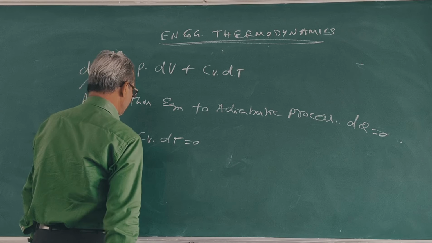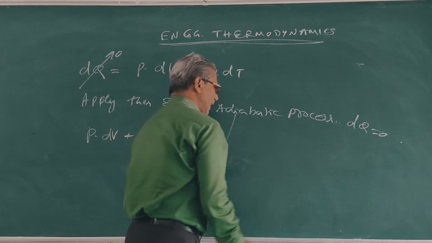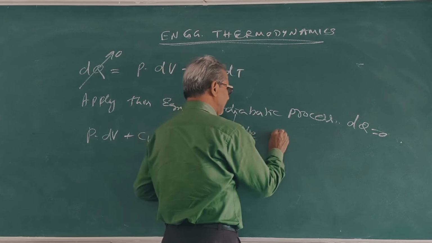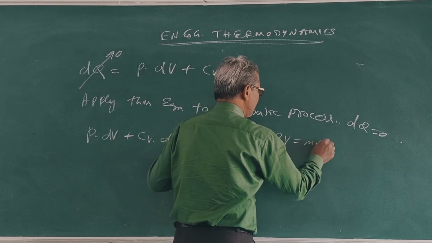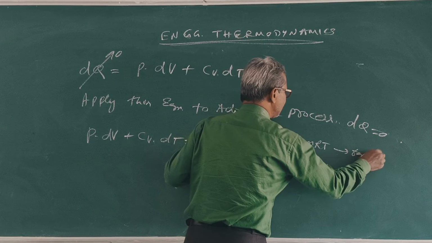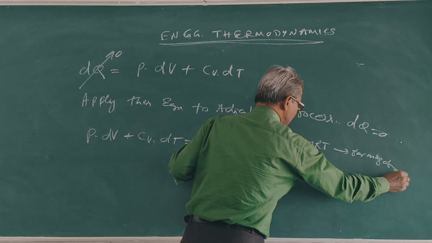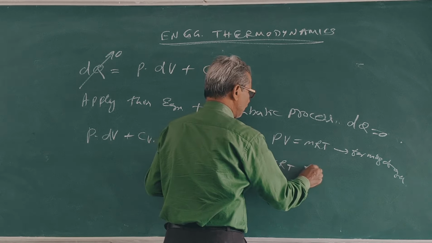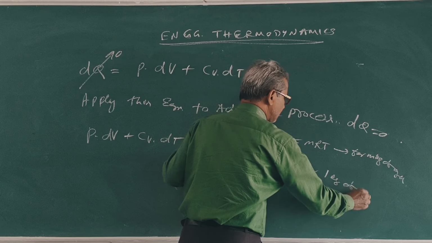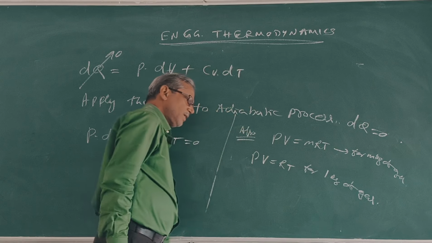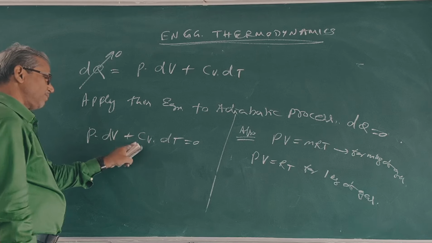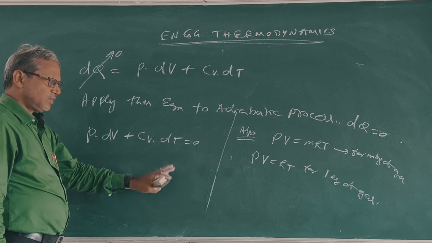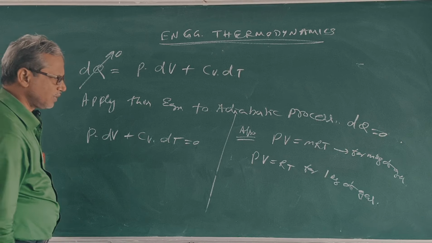Now also, what is PV? PV is mRT for m kg of gas. For 1 kg of gas, PV is RT. We multiply both sides by m and then divide by m, so better to take 1 kg of gas.